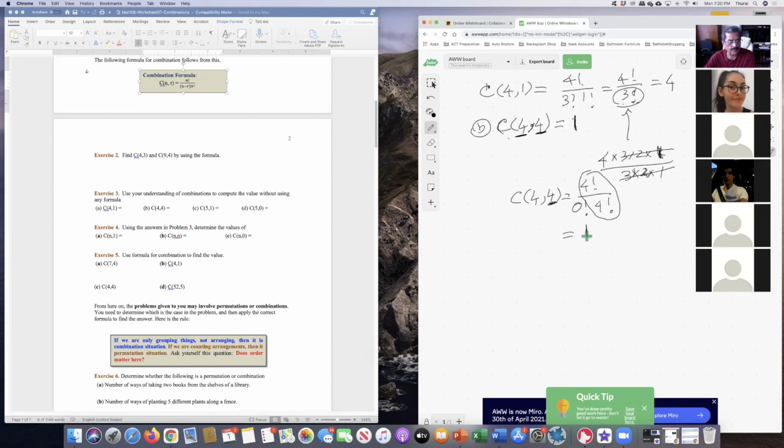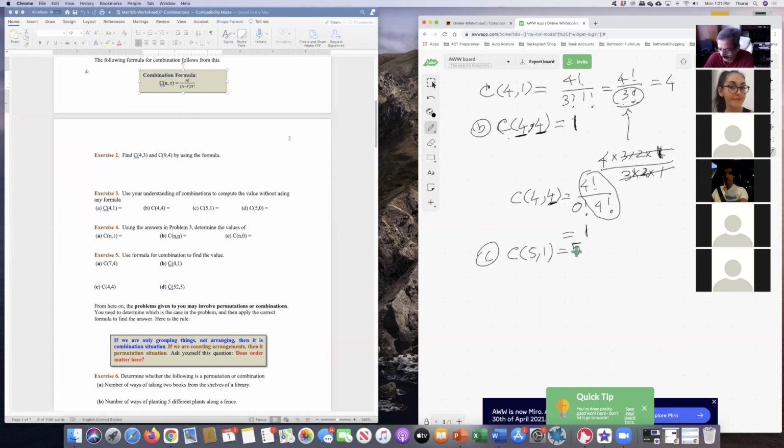Can you answer part C? C(5,1) would be? By using common sense? 5. 5 is right. From 5 objects given, you're choosing 1.